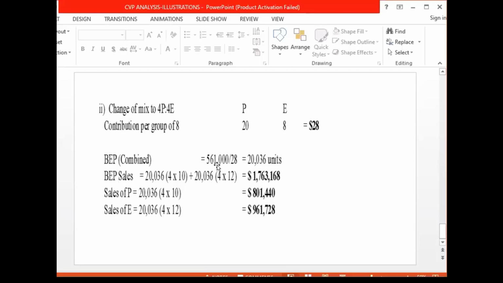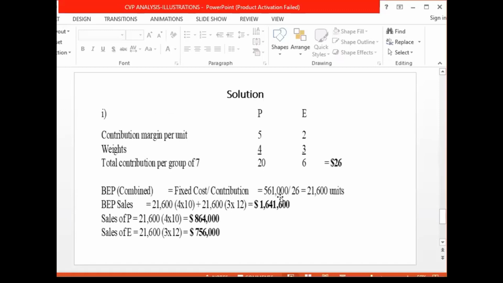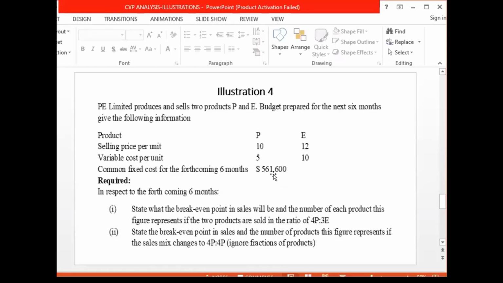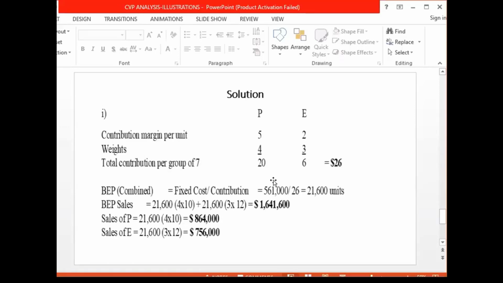Yes, I don't know why I omitted the 600. Let me see: 561,600 divided by 26. Yeah, this one is correct, though this one is supposed to be 6. So that one is correct.